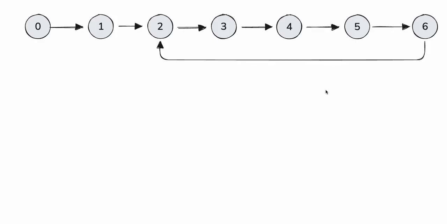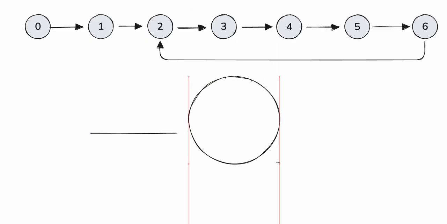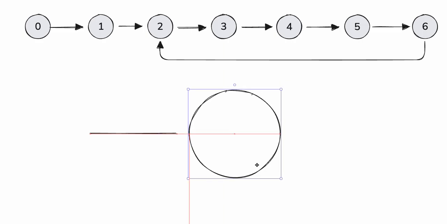Okay? So, the way we're going to visualize this is a little bit differently, but the same linked list. So we'll visualize it like this. Okay, and put a circle here like this.